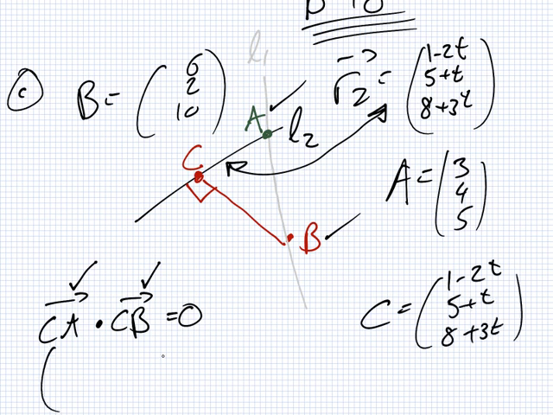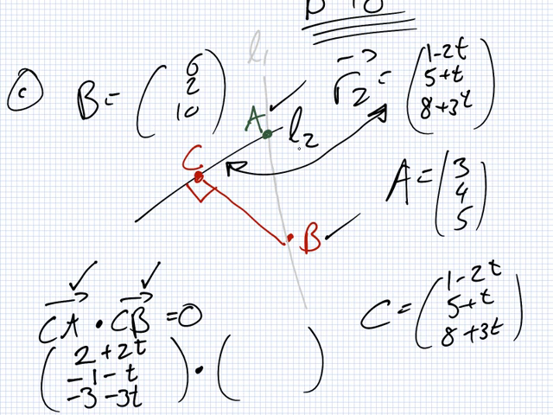So let's put in CA is A minus C. That will be 2 plus 2t. Let me see. 4 minus 5 is minus 1 minus t. And then 5 minus 8 is minus 3 minus 3t. Dot B minus C. 6 minus 1 is 5. 2 minus 5 is minus 3. 10 minus 8 is 2.